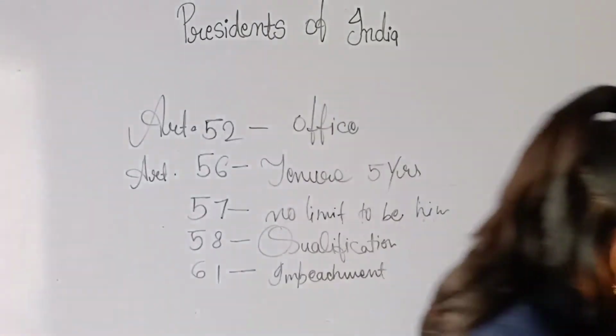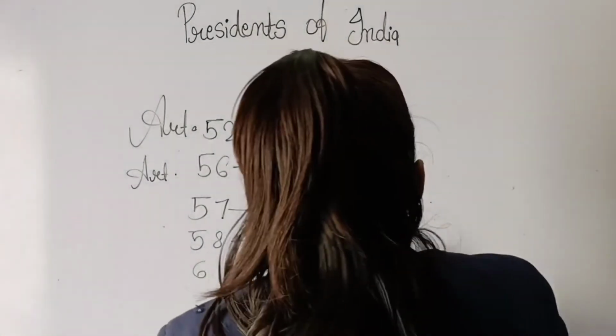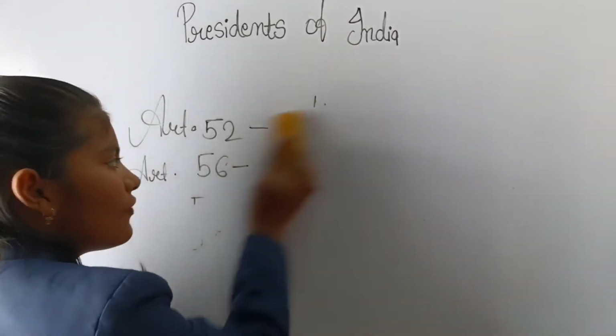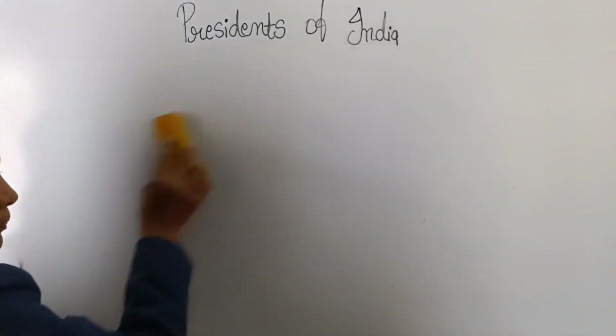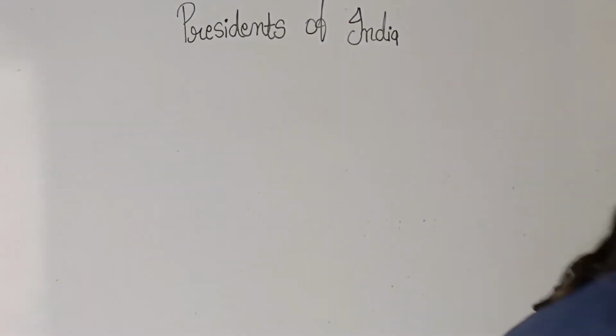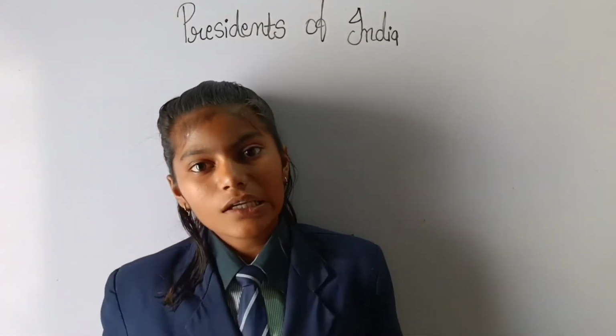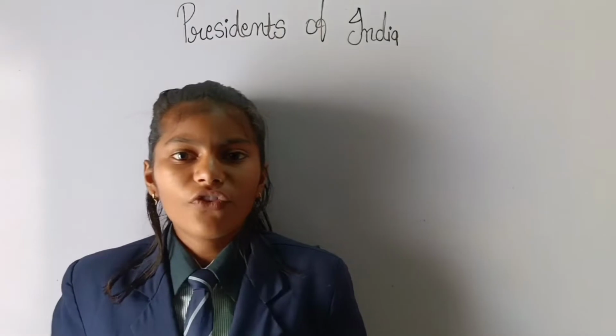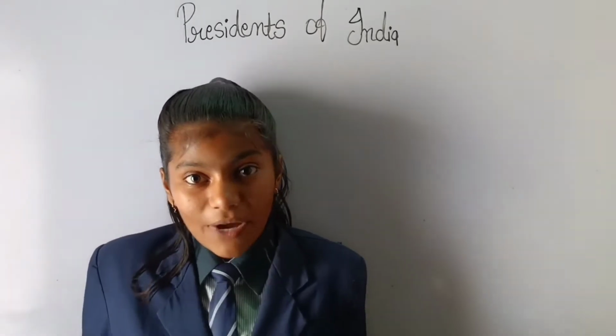Let's move further. There is one more important concept that I want to share with you. Let's suppose a president is removed by an impeachment. If the president is removed, then the president's seat is vacant, right? No one is president. So who will act as president?